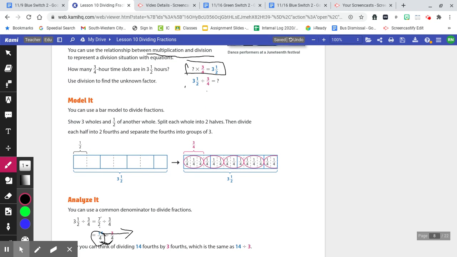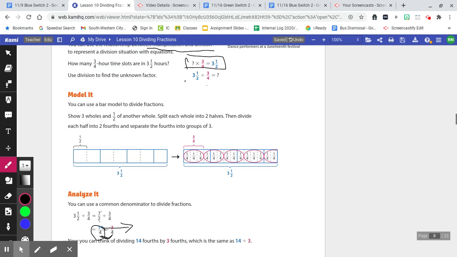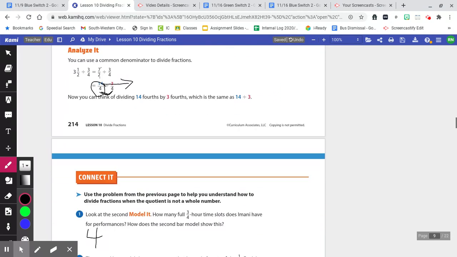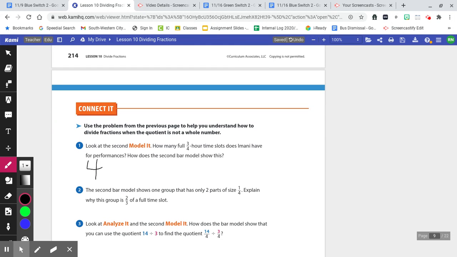It shows it by breaking up each section into fourths and grouping them into 3/4. So it has 4 3/4 slots. The bar model shows you 4 groups. So 4 groups of 3/4.